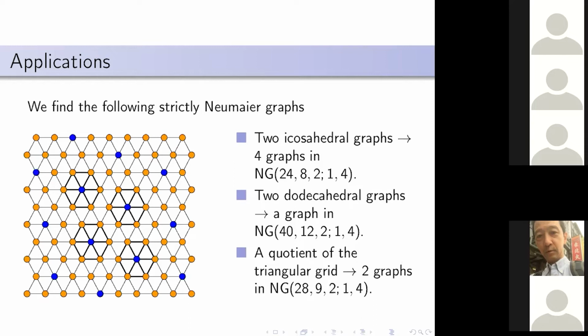And very recently, we have constructed a graph from a lattice in 4 dimensions, for which it has 250 vertices. So hopefully this will be extended to another infinite family with strictly Neumaier graphs.